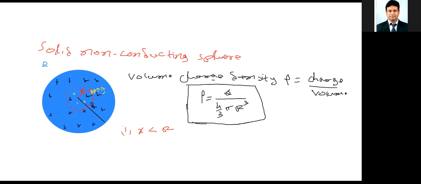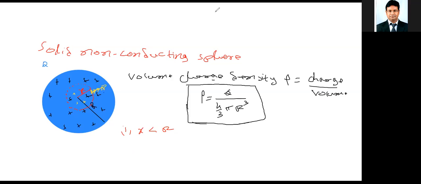The electric field should be away from the positive charge, radially coming out. Just now I told you that the lines of force always come out perpendicular to the surface. So the angle between the area vector and the electric field is 0, as they are both in the same direction. So you'll simply get E bar.